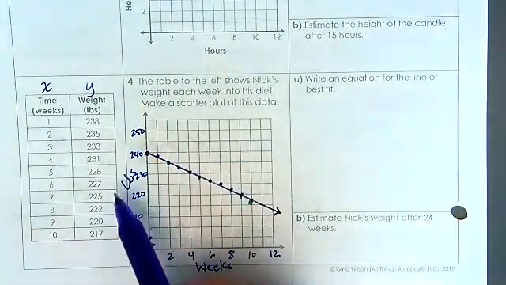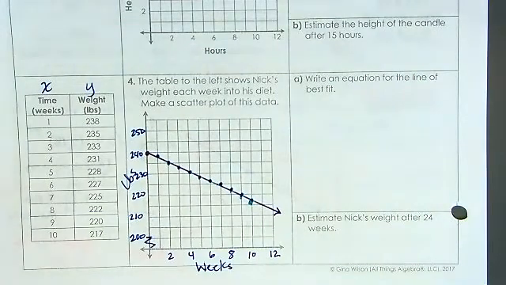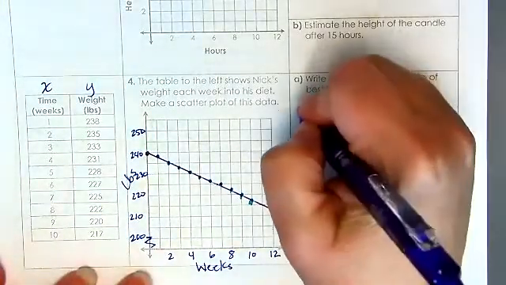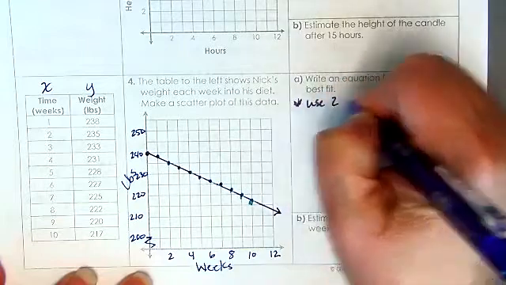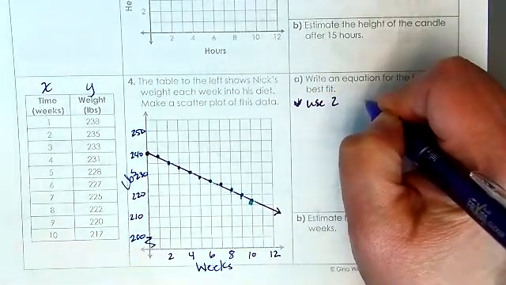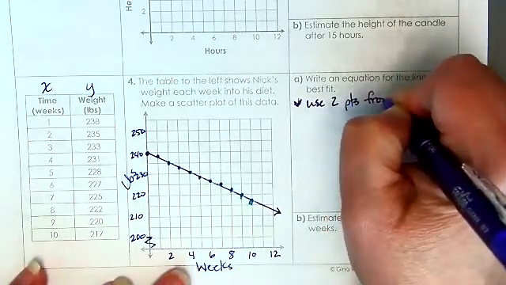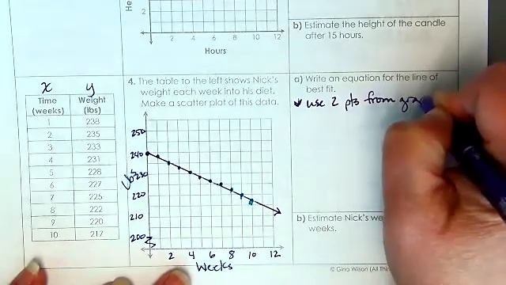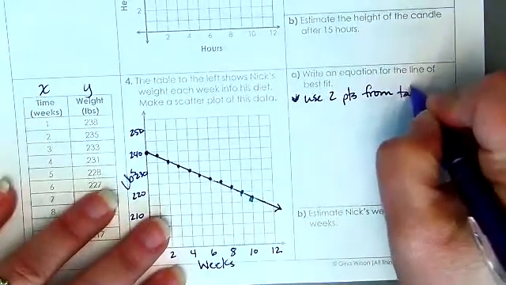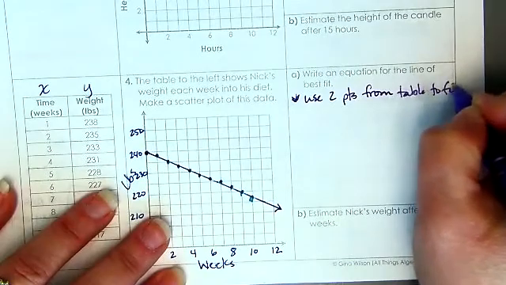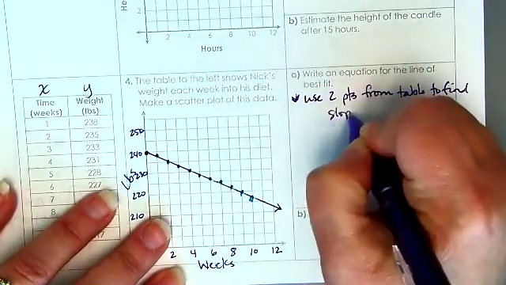Or actually, I've got points here that I can use so that I can get an accurate graph. Okay, so I'm going to use 2 points from the table to find the slope.